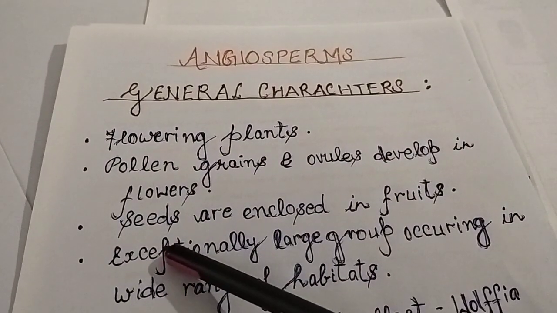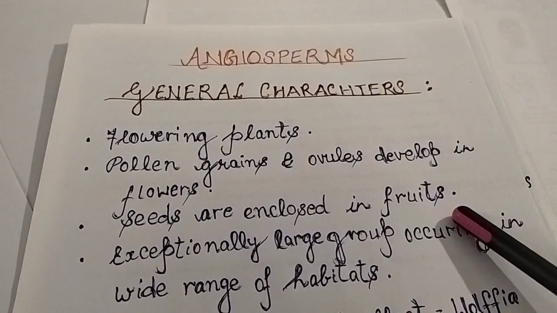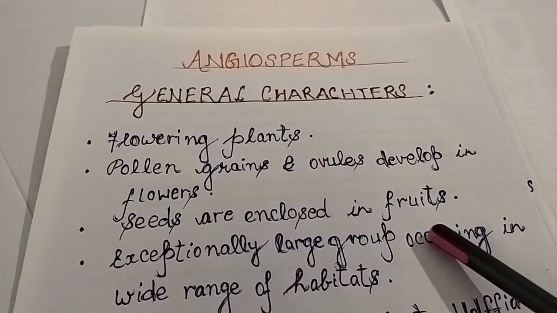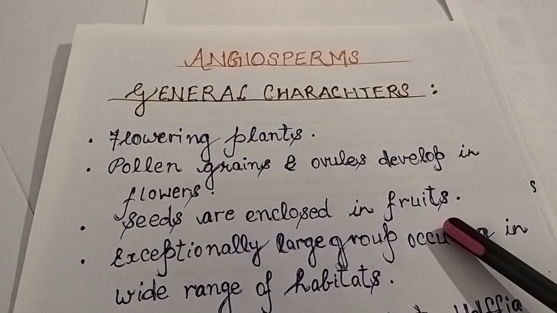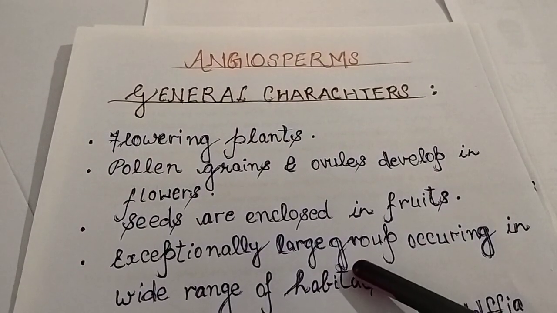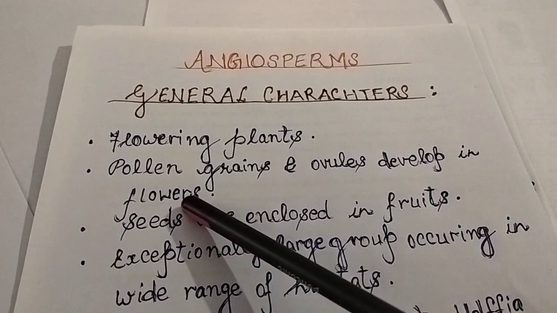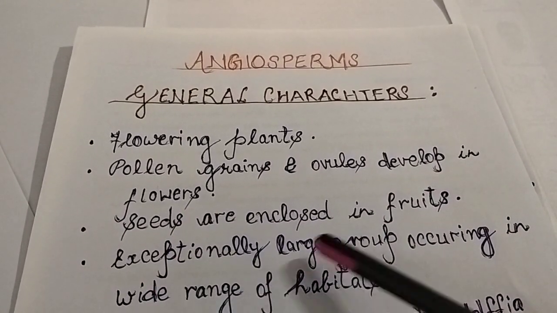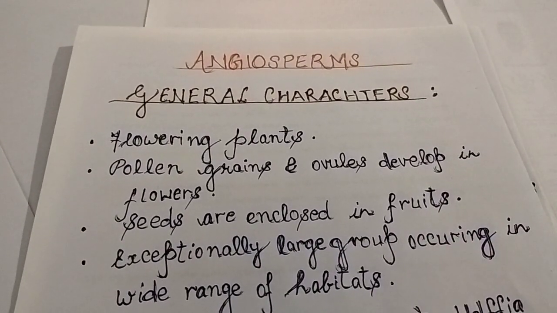Now here in angiosperms, seeds are enclosed inside the fruits. You eat different fruits and you find seeds inside them. All right, so in angiosperms, pollen grains and ovules develop inside flowers and seeds are enclosed in fruits.